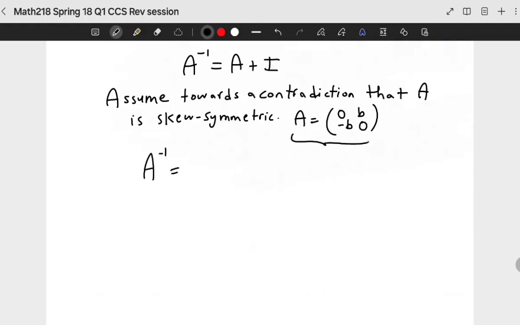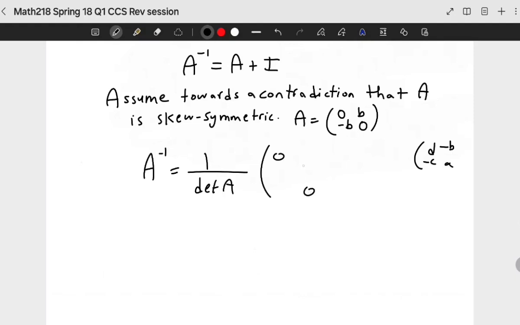So A inverse based on this assumption is equal to 1 over determinant of A. This is the rule for the inverse of a 2 by 2. So it's 1 over determinant of A, and then in general we would do d, minus b, minus c, a, right? But now d and a are 0, and then minus b is minus b, and minus c is b.